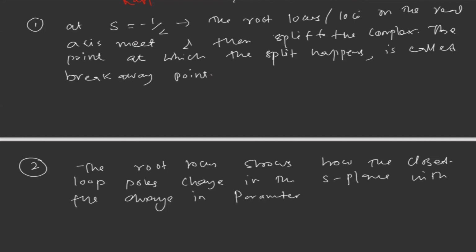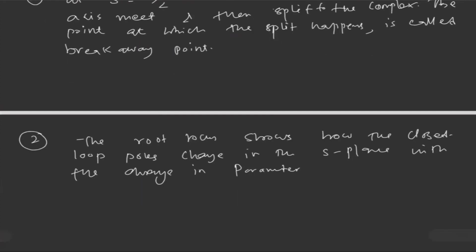Here the parameter is k, so we are changing a parameter in the system.